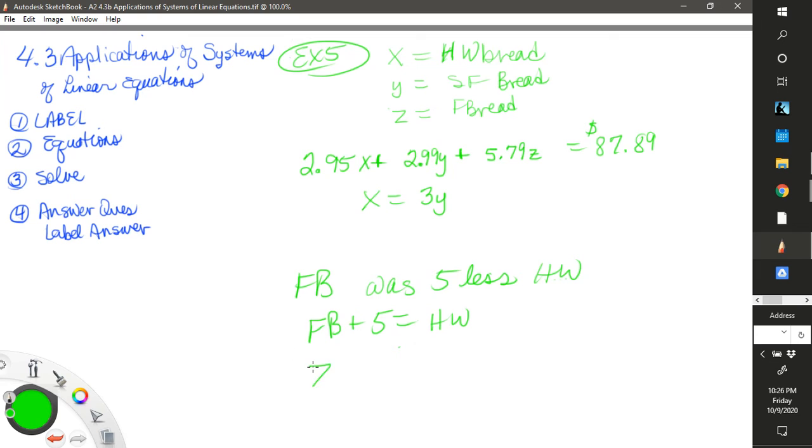French bread is a Z, so Z plus 5 equals honey wheat, which is X. Okay, let's take that and write it up here. I'll erase this.